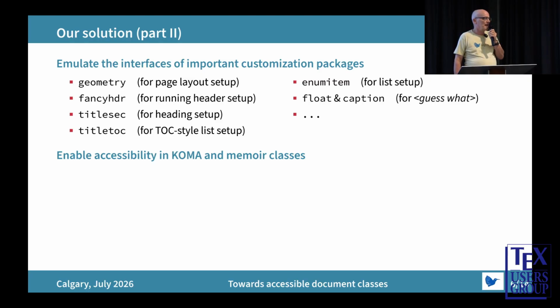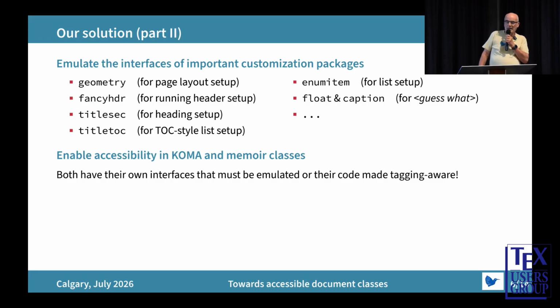In other words, we are going to emulate their interfaces or provide direct support within the class the way they are written now. And therefore, once that happens, they are tagging aware as well, whatever the way it is done.